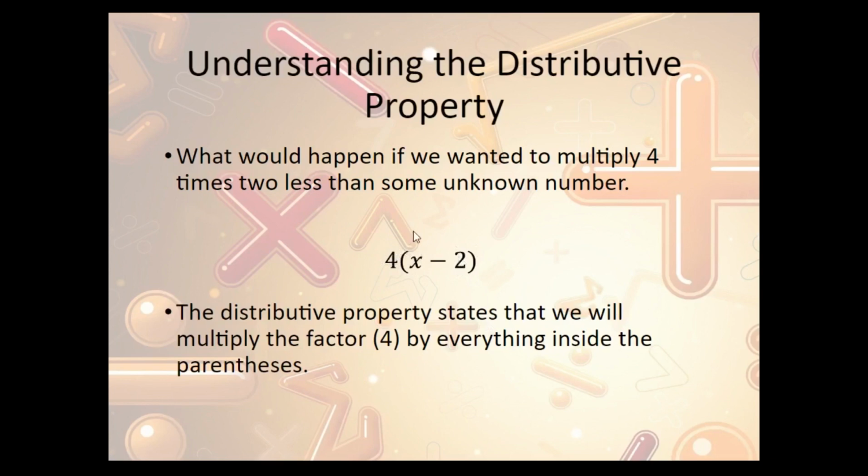So this becomes 4 times x and 4 times negative 2. And then we can combine whatever terms we can at the end. In this case, we get 4x minus 8, because 4 times x is 4x, and 4 times negative 2 is negative 8.